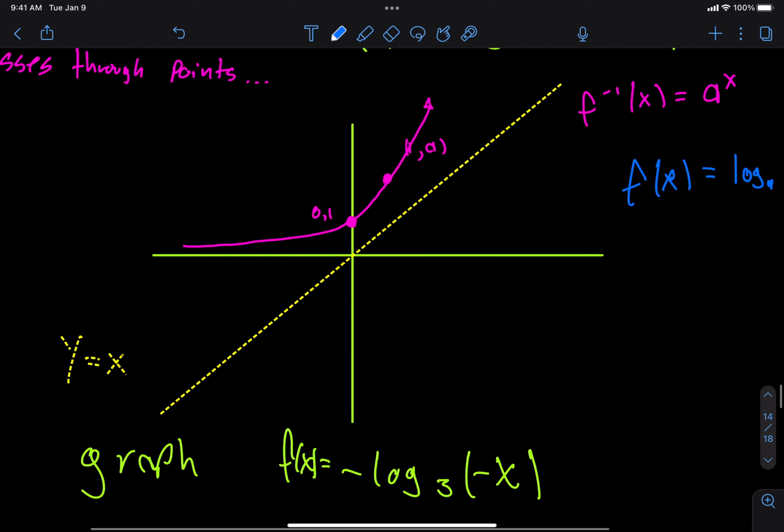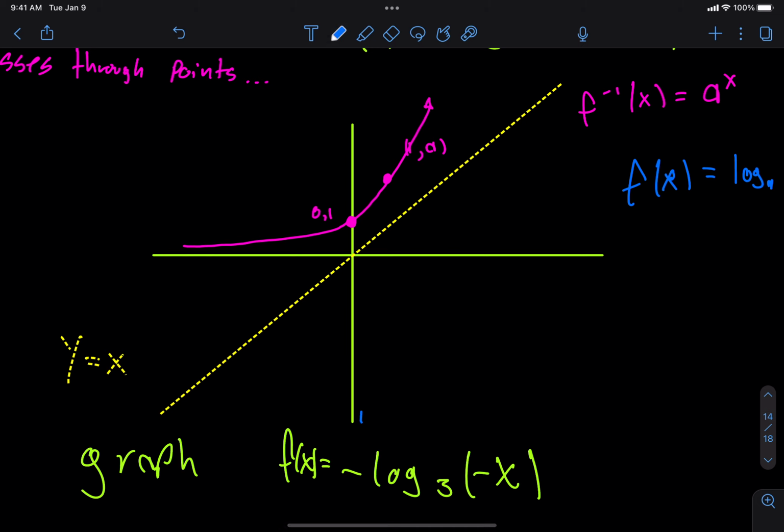So what am I going to do? I'm going to take a point here, and it's going to get mapped straight across this line. I'm going to take a point here. It's going to get mapped straight across this line, and so on and so forth. Okay? So what is it going to look like? Instead of approaching the x-axis here, our function is going to approach the y-axis down here, right?